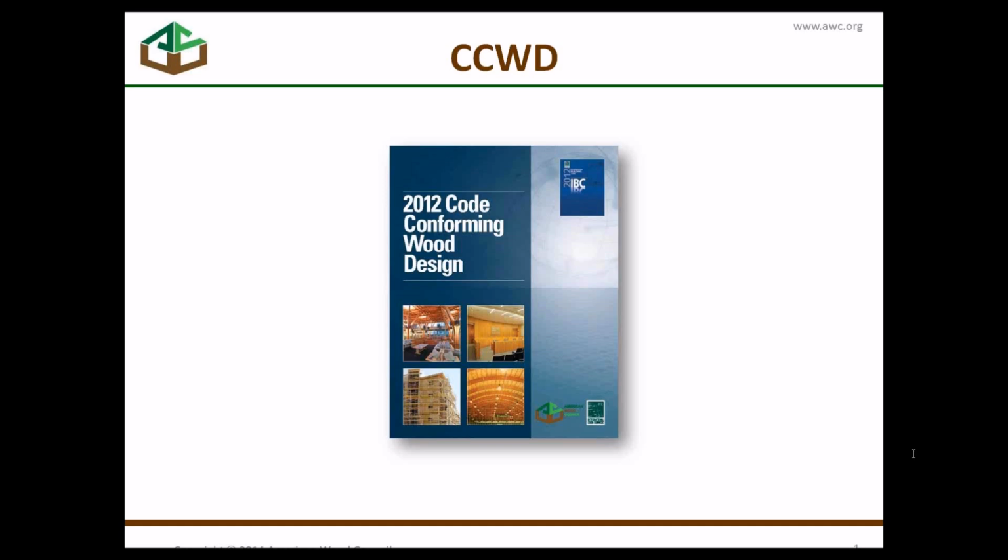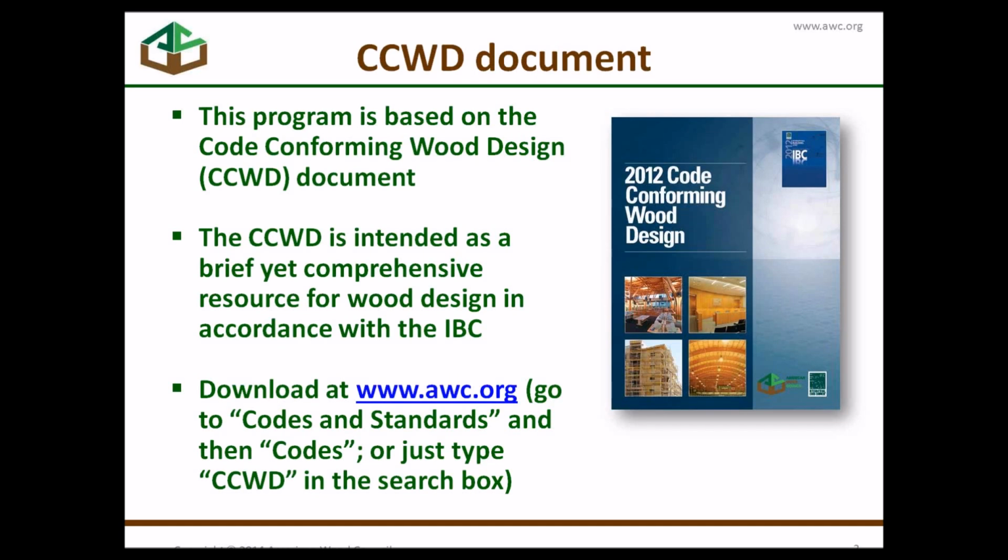What this document is, you're seeing the cover here, and this is something that we developed with the International Code Council. It's intended to very briefly but succinctly cover all the broad topics related to wood construction and wood design in the building code, in the International Building Code.